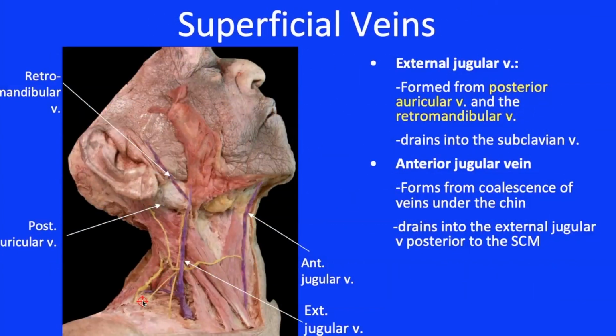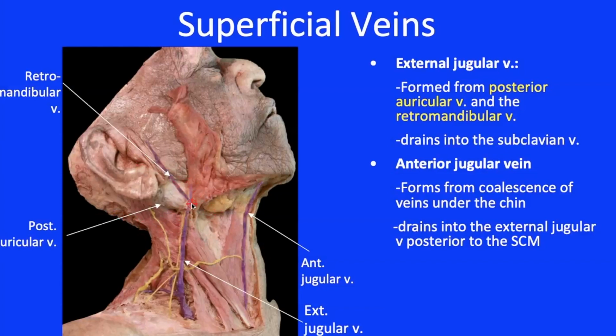We finish with the cutaneous structures of the neck by looking at the location of the superficial veins. Expect variations, but generally there are two veins that are mostly consistent in their location: the external jugular vein and the anterior jugular vein. The former is formed from the posterior auricular vein and the retromandibular veins.